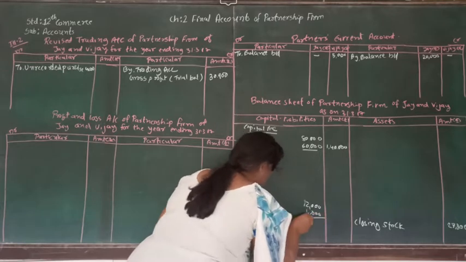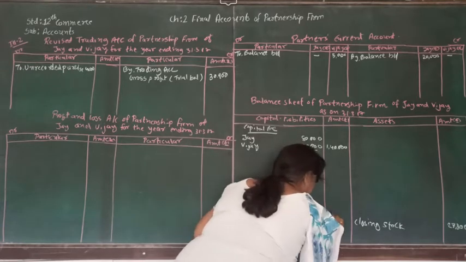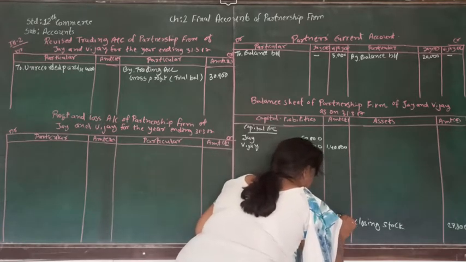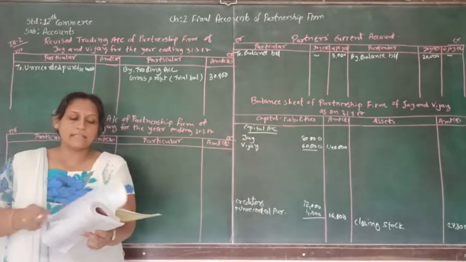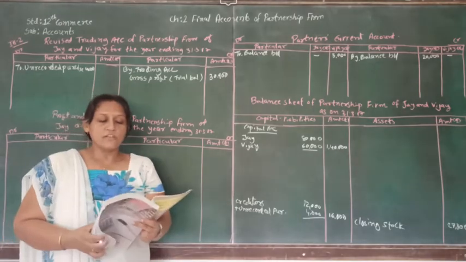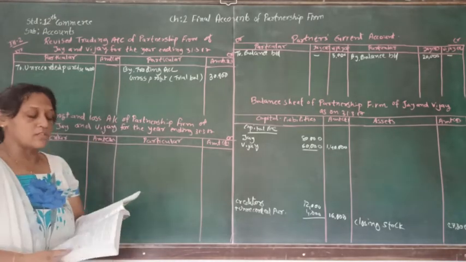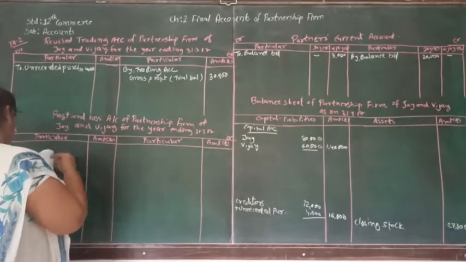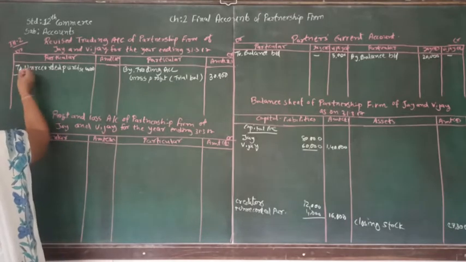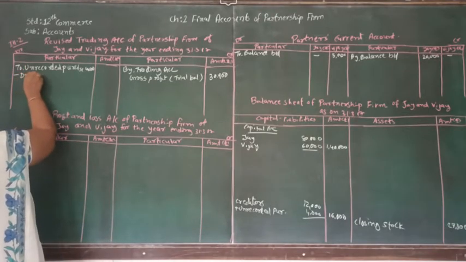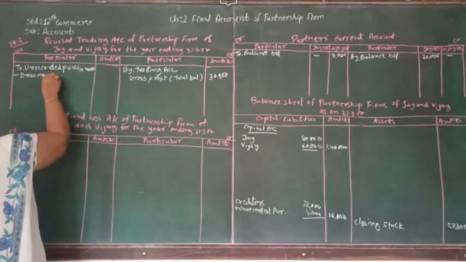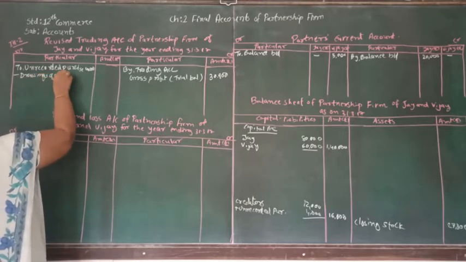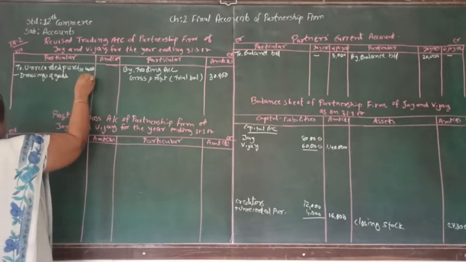We make this total 16,000. The other adjustment is that Jay withdrew goods of rupees 2,000 from business. That we deduct from the purchases as drawing of goods, and that is 2,000.